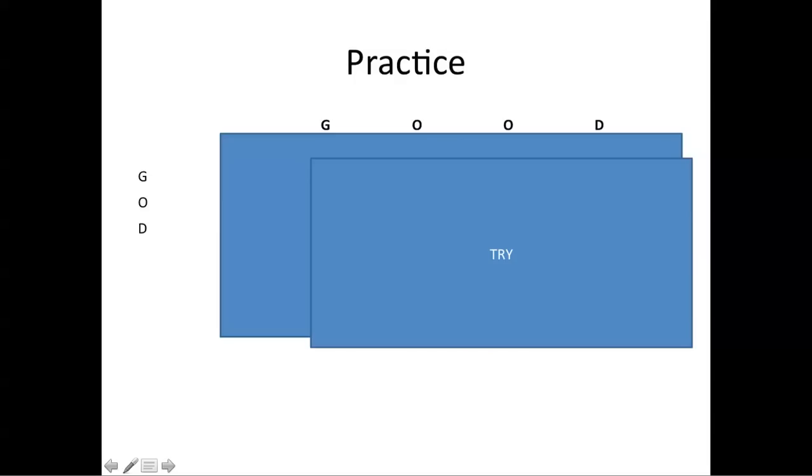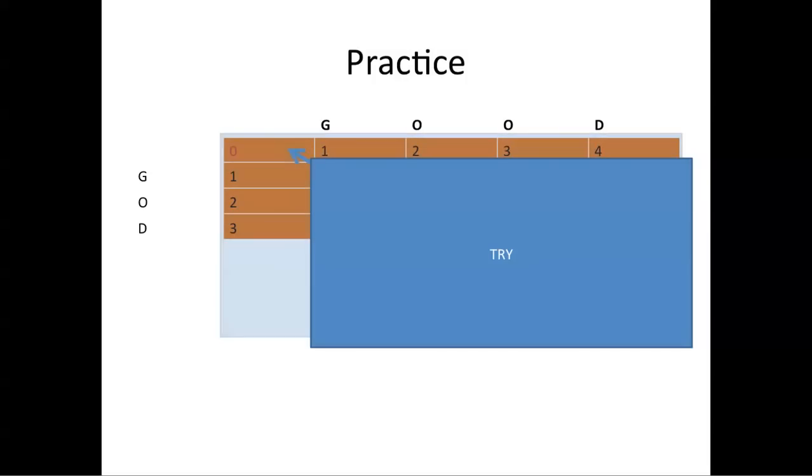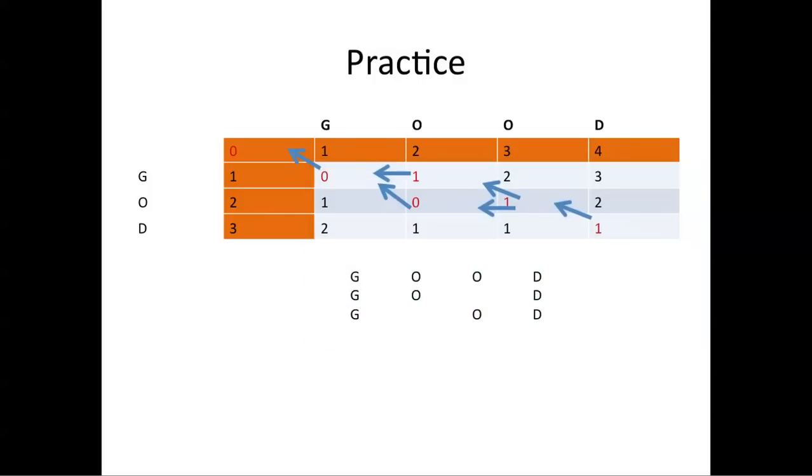Now I would like you to practice it on your own. Let's imagine the example between God and good. You should already be able to fill the first row and column with ascending numbers, and probably you already have the rest of the numbers.